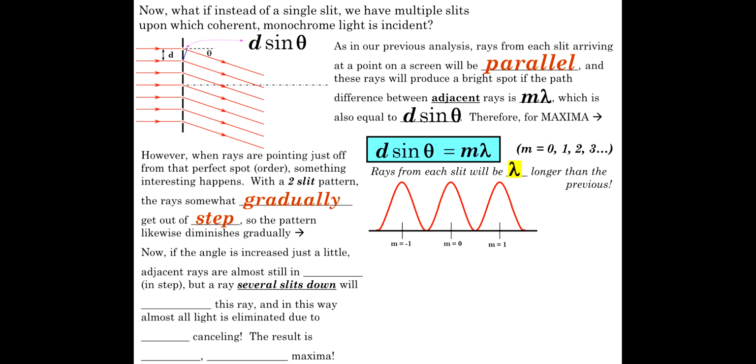So now if the angle is increased a little, we change the angle of all these at the same time, but the adjacent rays are very similar in phase. In other words, a really small change in the angle, looking at a different place along the screen, isn't going to produce much difference between adjacent rays.